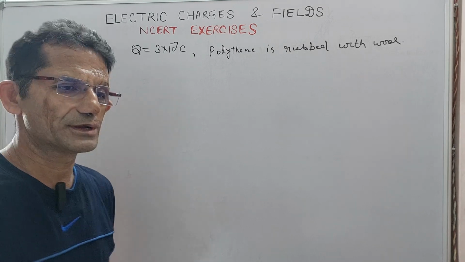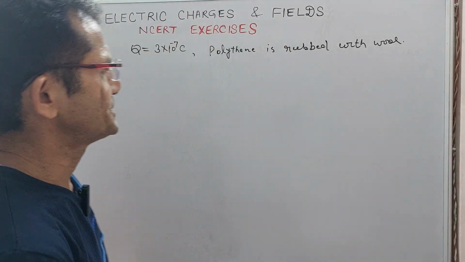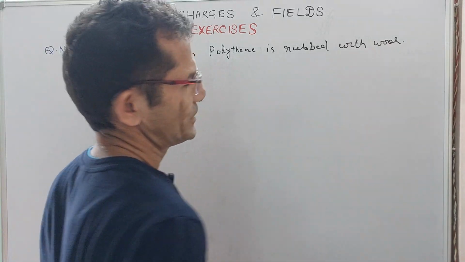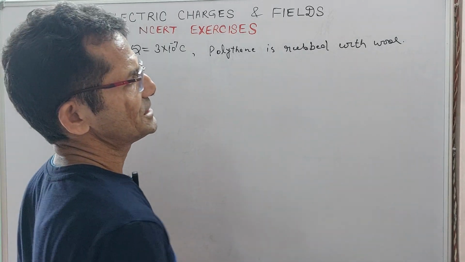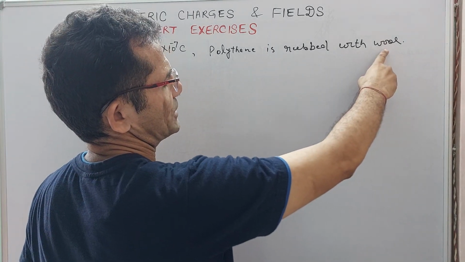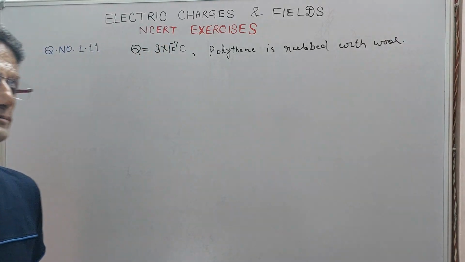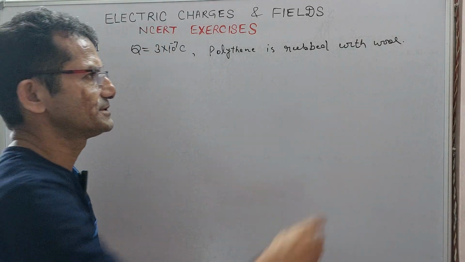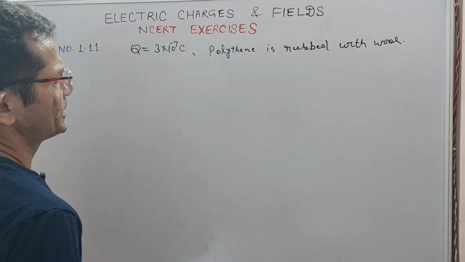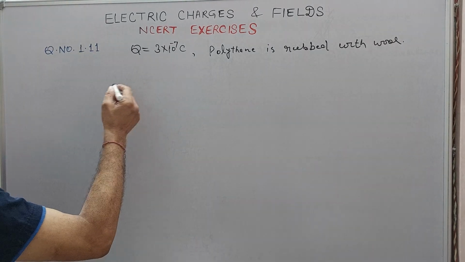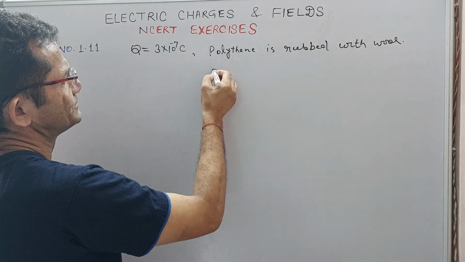When you rub two objects, there is friction between their surfaces. Due to the friction we do some work, and this energy is given to the electrons of the wool. These electrons come out of the orbits of the atoms and go into the polythene. Therefore, we say that negative charge transfers from wool to the polythene.